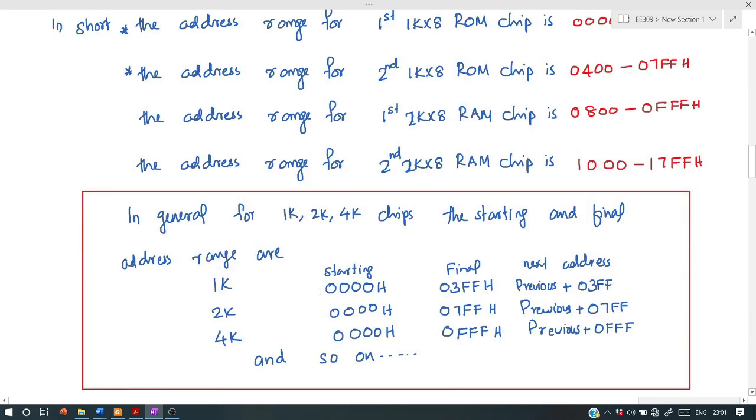So in general, for 1K, 2K, 4K chips, the starting and final address ranges are as follows.